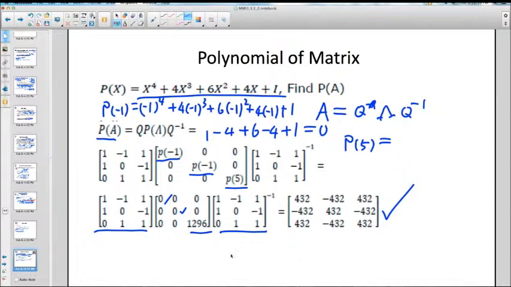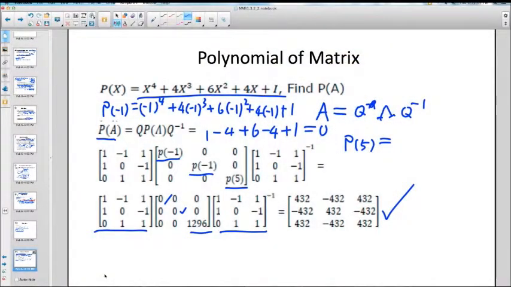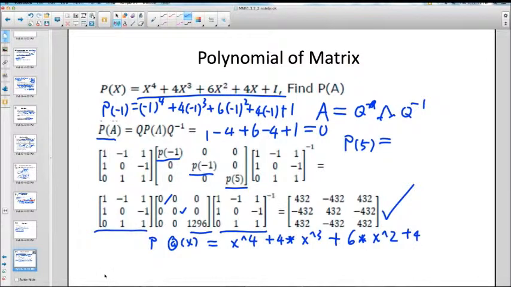You wanted me to show you how to use MATLAB to do it? Well, what you do is declare a function. You need to use symbolic, like P at x equals x to the 4th power plus 4 times x cubed, plus 6 times x squared plus 4 times x plus 1.